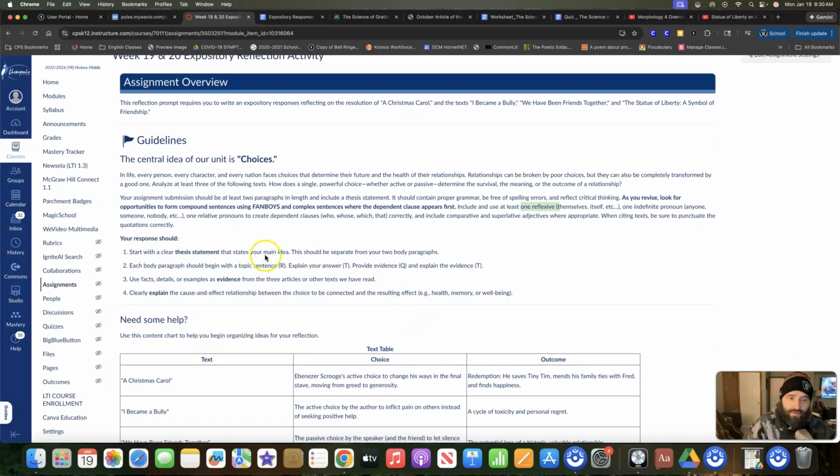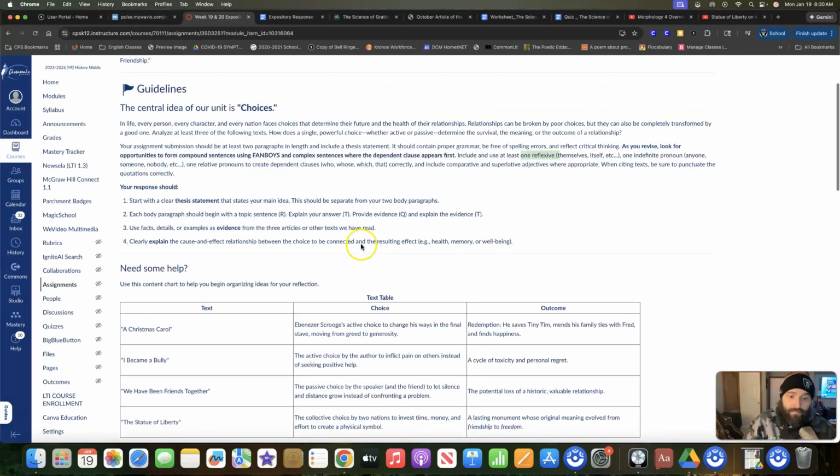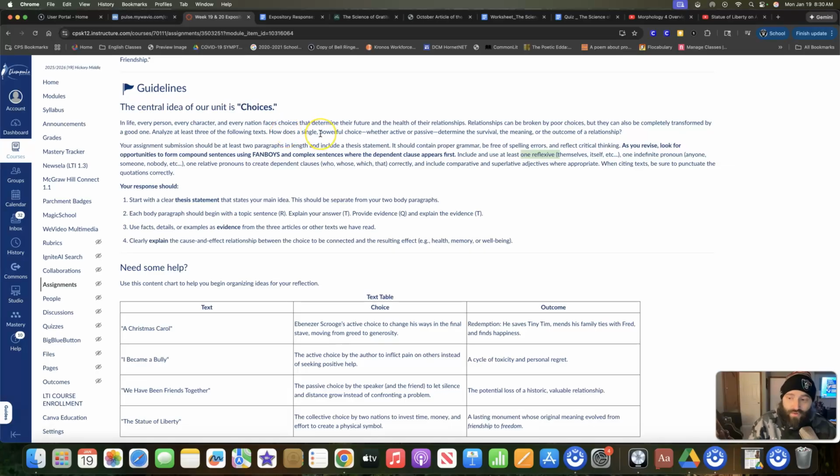Now, you're going to start with a clear thesis statement that states your main idea. It should be separate from your body paragraphs. So what you're going to do is write that thesis statement, and then write the 2 paragraphs. So write the thesis, enter, and then write the 2 body paragraphs. Now, again, our question here, how does a single powerful choice, whether passive or active, determine the survival, the meaning, or the outcome of a relationship?